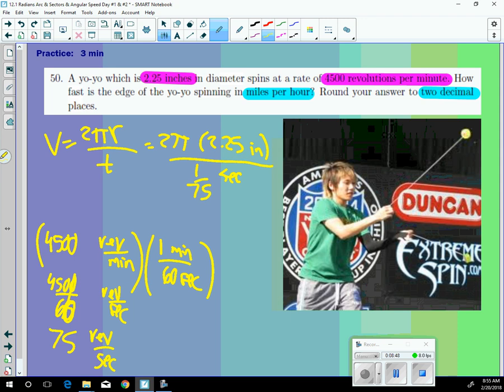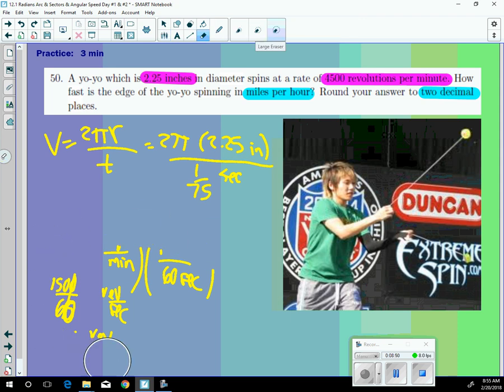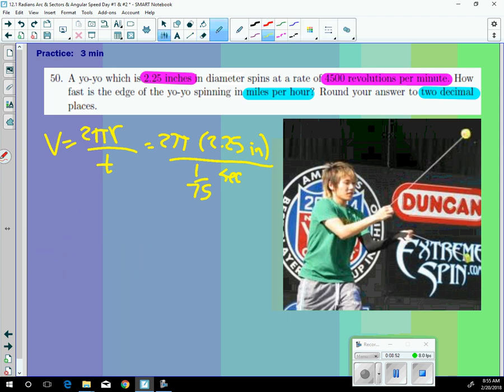So then what we do is once we have that, now we just figure out our speed. It's going to be 75 times 2 times 2.25 times pi. And this is inches per second. Let's get a calculation on that. How many inches per second is that?